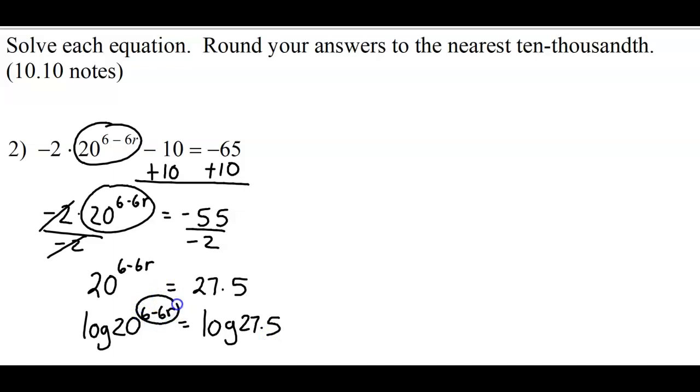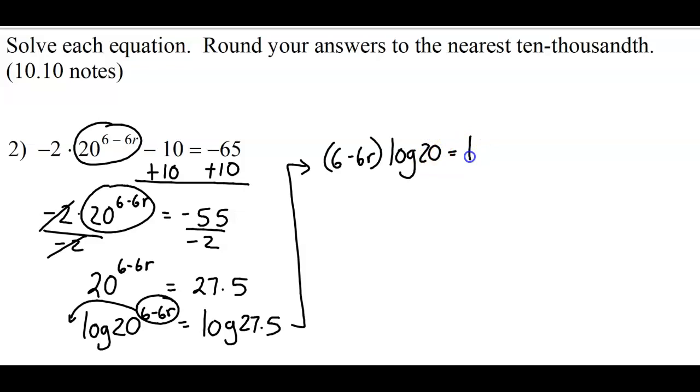Next, we're going to use one of our log properties to take that exponent and slide it to the front. Then we're going to divide both sides by log 20, so I can start getting the r by itself.